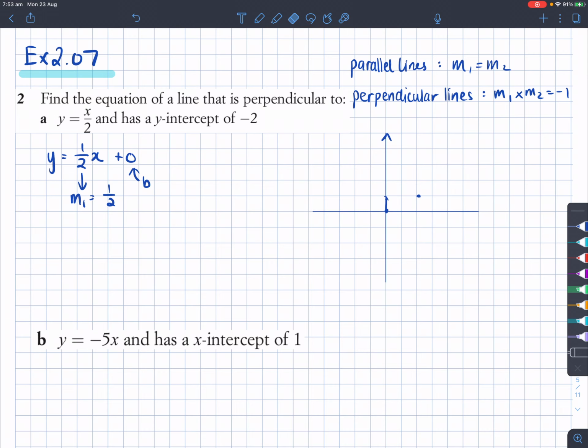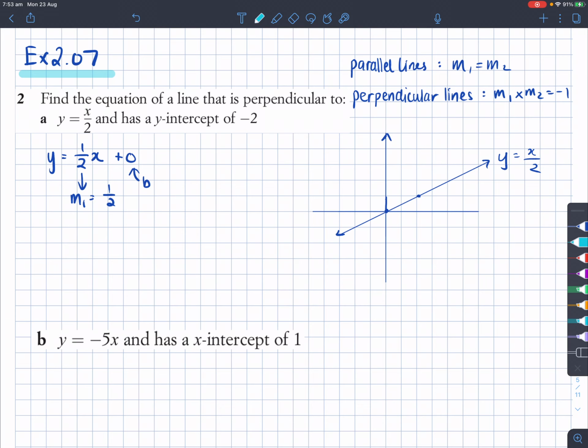If I then use that new dot and join it up with the original dot that I have, I'll have this line. So this line resembles y equals x over 2. Now it's saying there's another line that is perpendicular to this and has a y-intercept of -2.